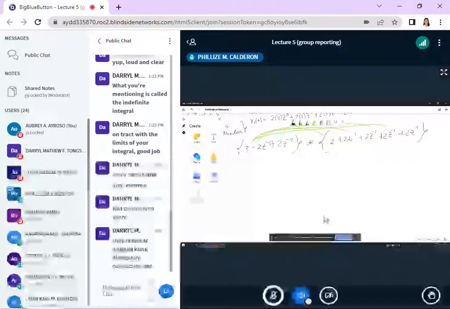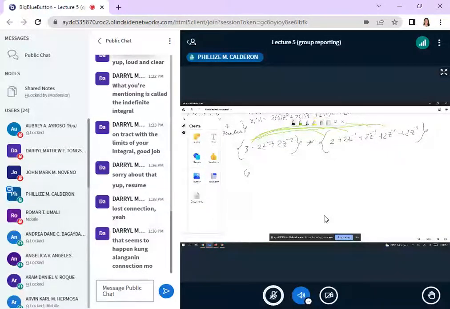So, 3 times 2, which is 6, plus 6 z raised to negative 1. 3 times 2 plus 6 ulit, z raised to negative 2, plus 6 z raised to negative 3, plus 6 z raised to negative 4.